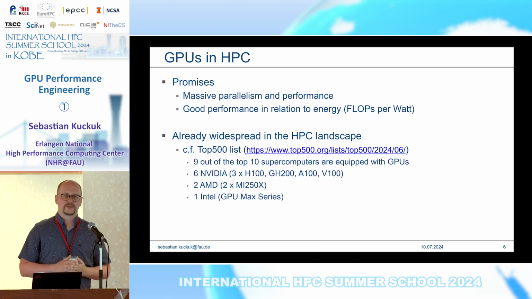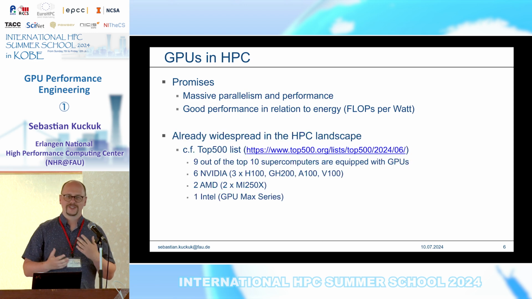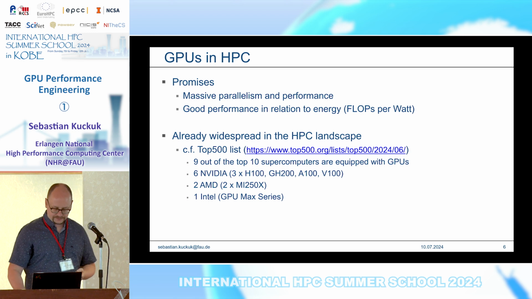And they're quite widespread. You've also heard about this already, so this is just a repetition. In the Top500 list, there are plenty of GPU-equipped machines, and in particular in the top 10, 90% of those are already equipped with GPUs. The majority of those currently is NVIDIA, again, further motivating the choice for this session.